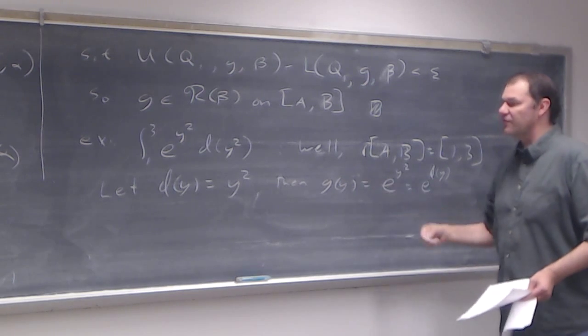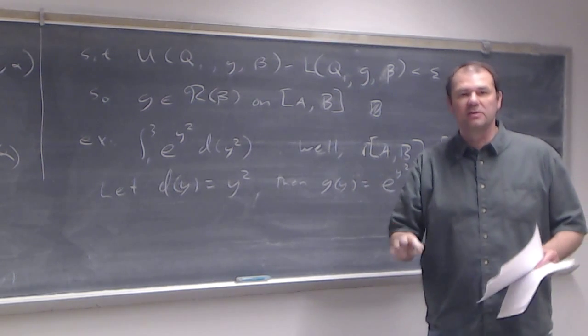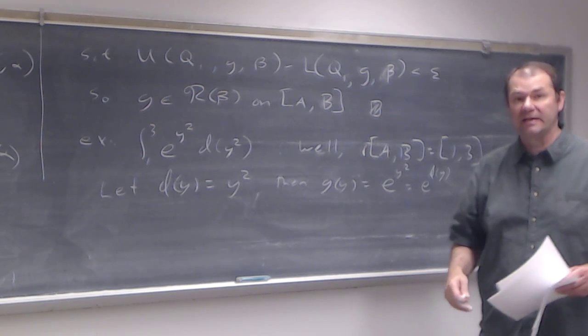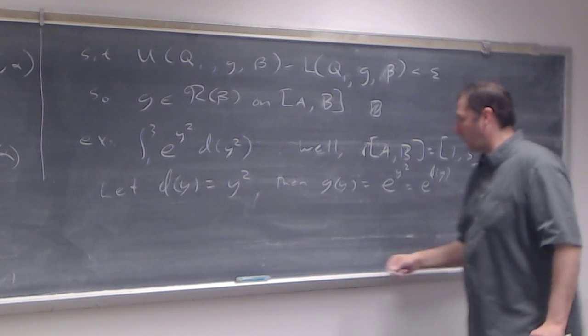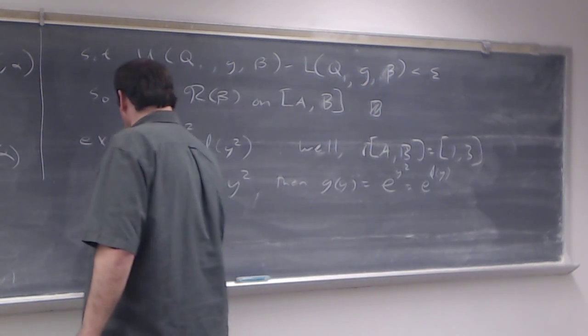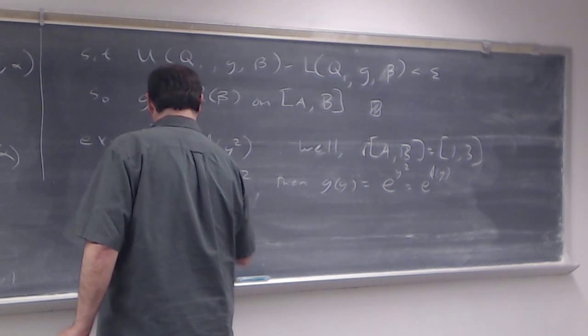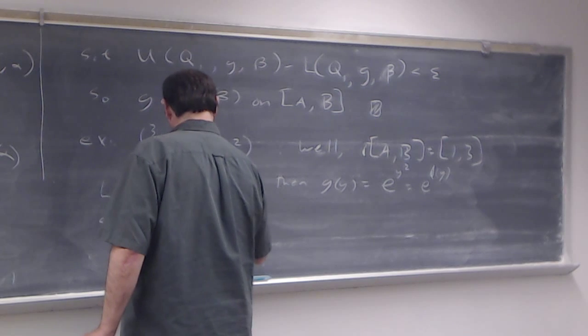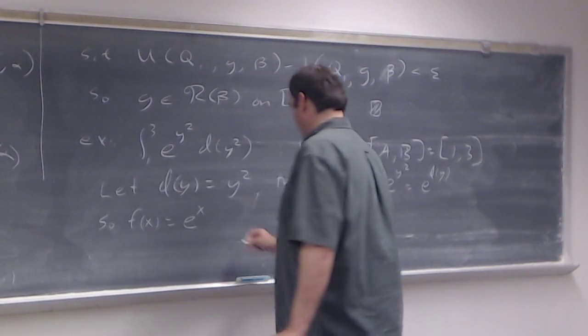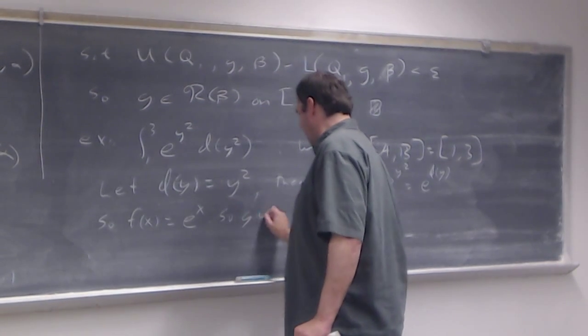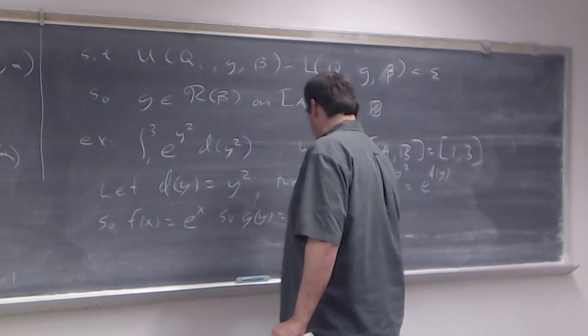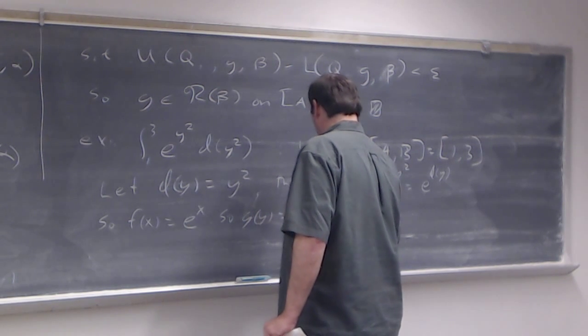And since we want g of y, by what our theorem had, to match up with f evaluated at phi of y, then f of x, if you will, should be equal to e to the x. And that way, g of y is equal to f evaluated at phi of y.